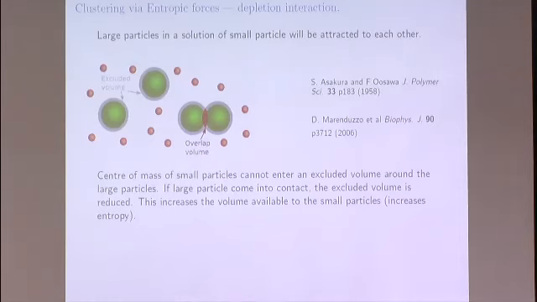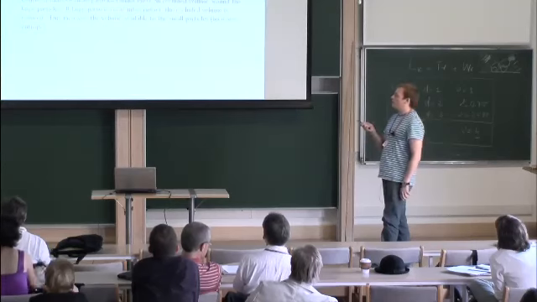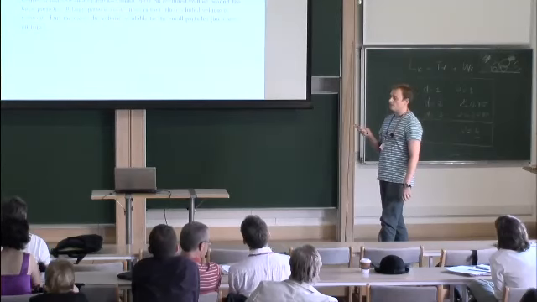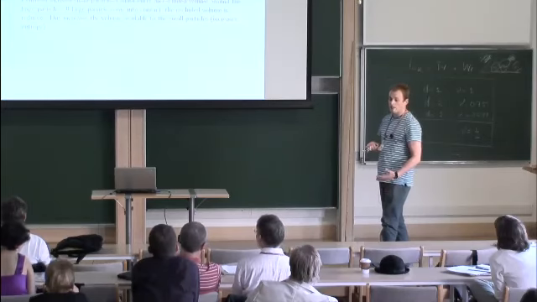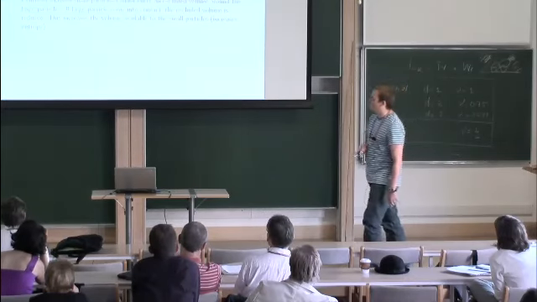So the idea is if you have a solution of large and small colloids, then there's some volume around the large colloids which the small particles can't enter into, so there's an excluded volume.